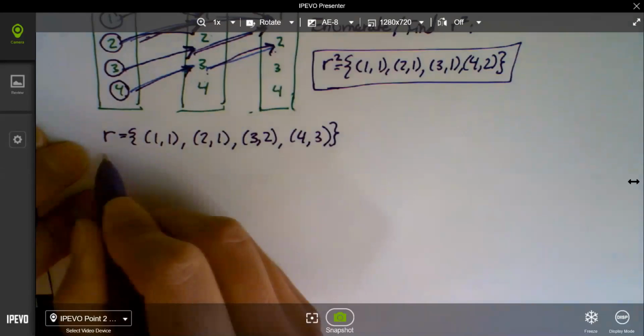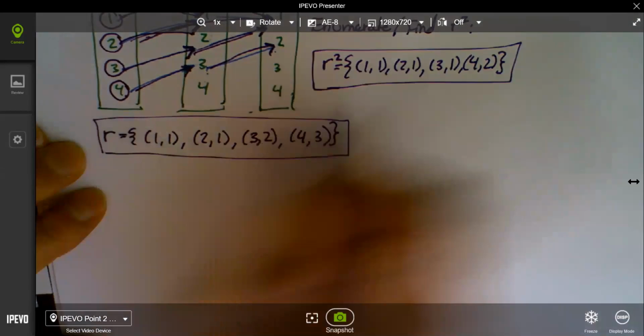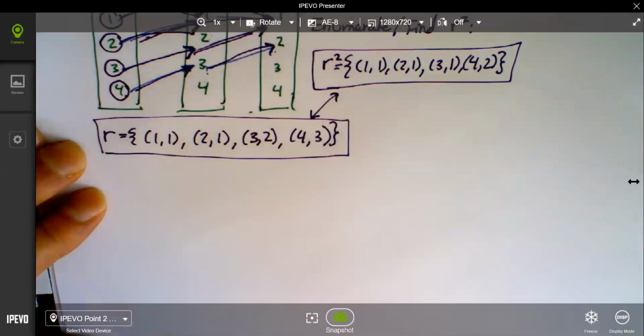So let's take these two sets, R and R squared, and compose them with each other.